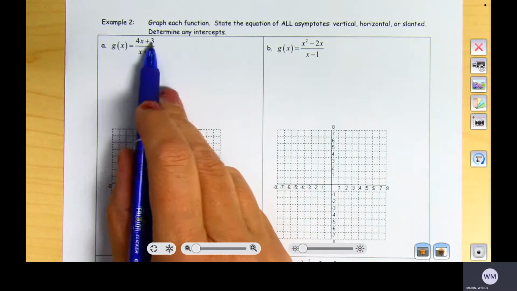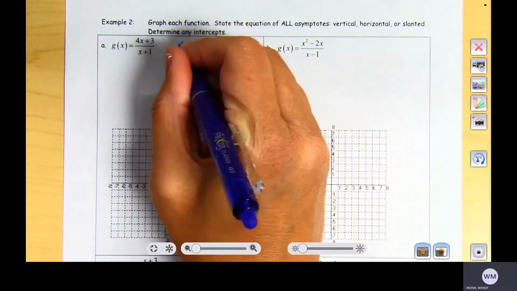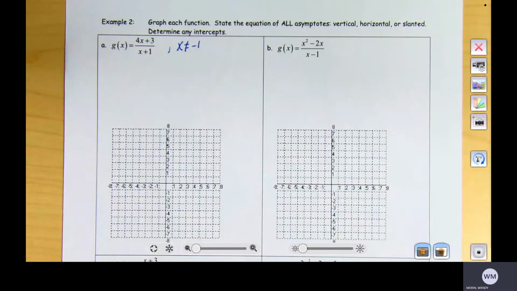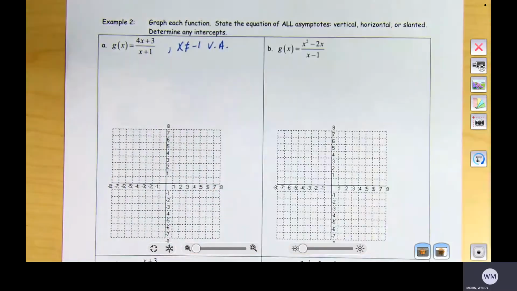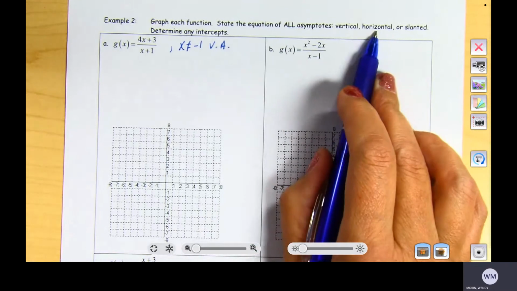Okay, it doesn't factor, doesn't reduce. So we know that x cannot equal -1, which must be a vertical asymptote. Now what about a horizontal asymptote?